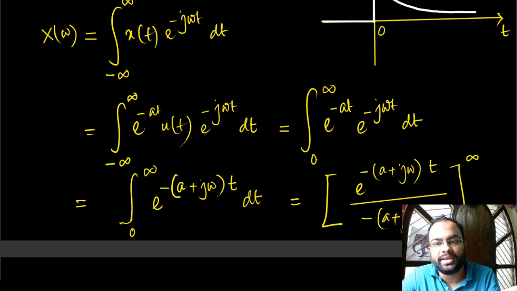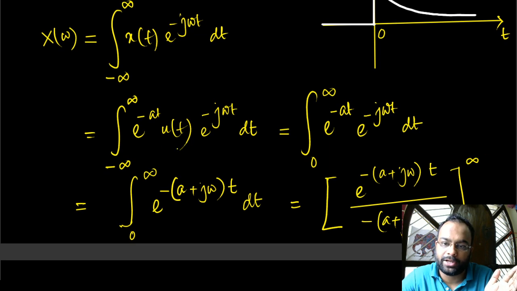I can just do the integration from 0 to infinity, just because u(t) has a value of 0 before t equal to 0. So from here to here, I have omitted u(t) because I have considered the lower limit to be 0. Because u(t) has now served its purpose, which was to make sure that the signal has a value of 0 before t equal to 0. And that is what it has done, right?